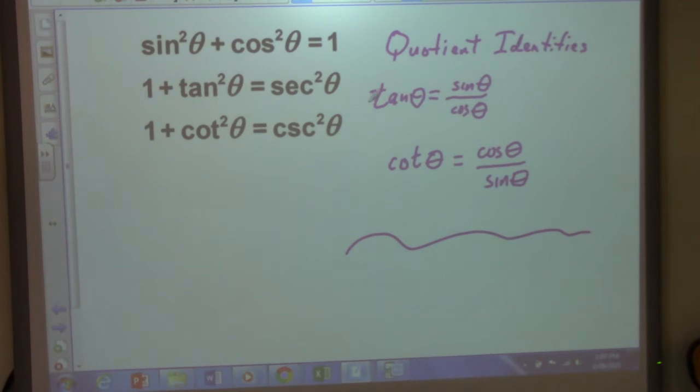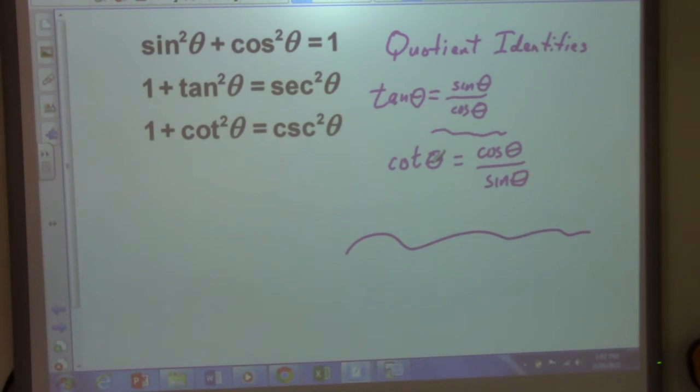If you put in sine is opposite over hypotenuse, and cosine is adjacent over hypotenuse, you cancel out to eventually have opposite over adjacent. So this is like tangent equals sine over cosine. That's like m equals rise over run. Okay, how much you increase.